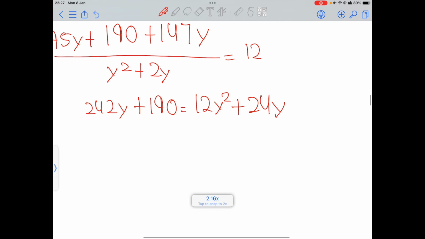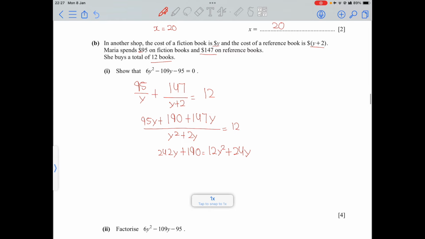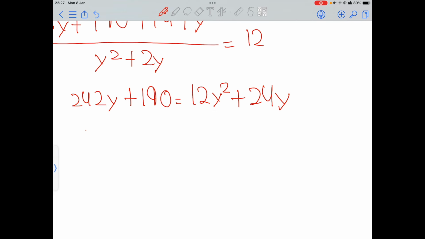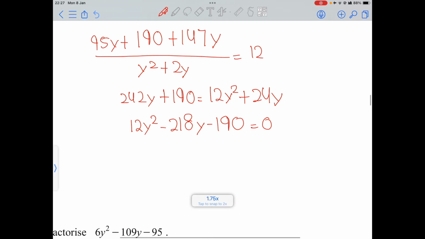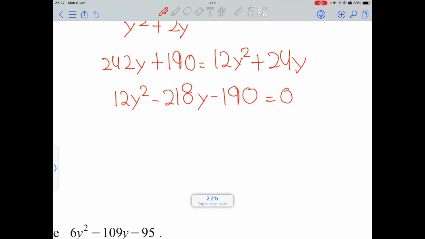Now I need to bring it to the other side. So 24 minus 242 gives me negative 218. Okay, so 12y squared minus 218y, by bringing it to the other side and subtracting, minus 190 equals 0. Now remember, all of these can be divisible by 2.